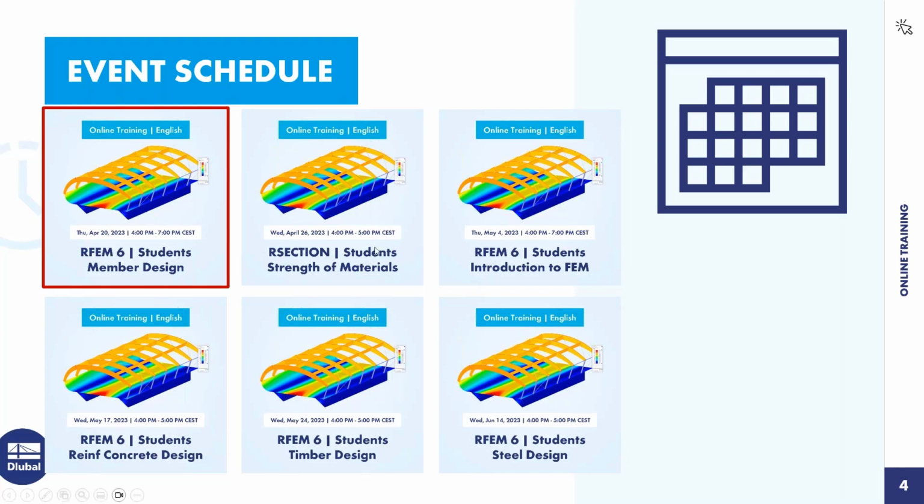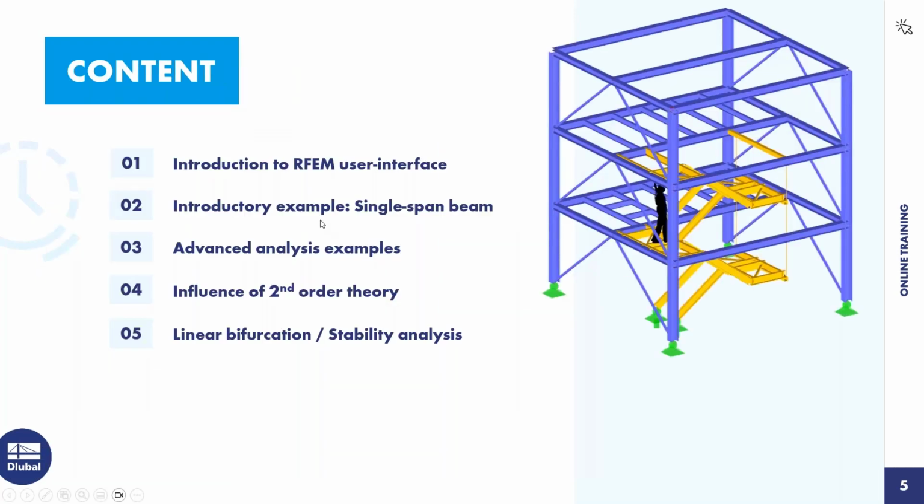The content for today is the introduction to RFEM. We try to get used to the user interface first. I want to show you the different areas that we have on our user interface and how we can interact with the program. Secondly, we go through an introductory example, a very easy one, a single span beam.